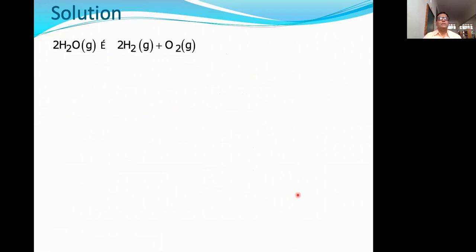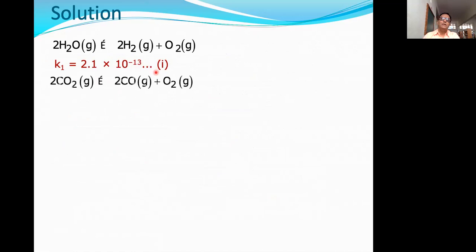Now the reaction is given as twice H2O gaseous gives twice H2 gaseous plus O2 gaseous. The value of K1 is given as 2.1 into 10 raised to minus 13. Suppose this is equation number 1. And the second equation is twice CO2 gaseous gives twice CO gaseous plus O2 gaseous, and the value for K2 is 1.4 into 10 raised to minus 12.